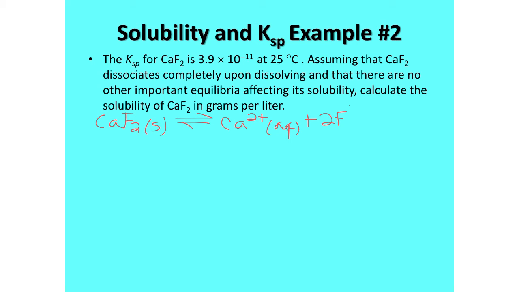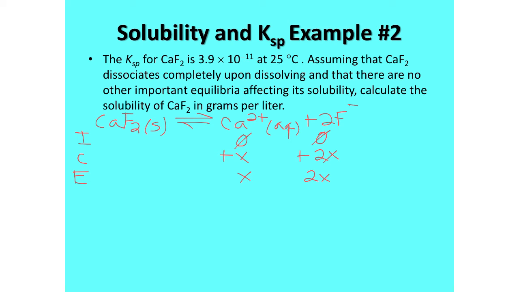We do not have common ion present, so we would be starting with none of the calcium, none of the fluoride. We would be gaining 1x of calcium and 2x of fluoride. So at equilibrium, it would be x and 2x.